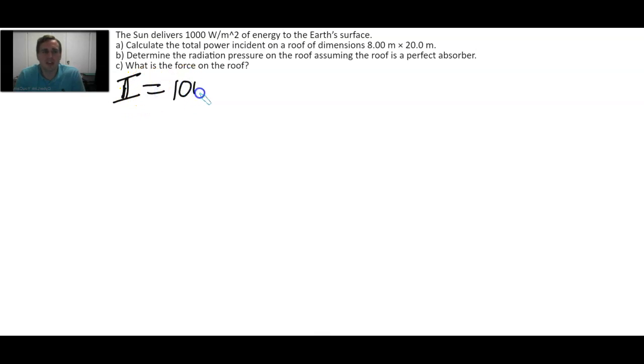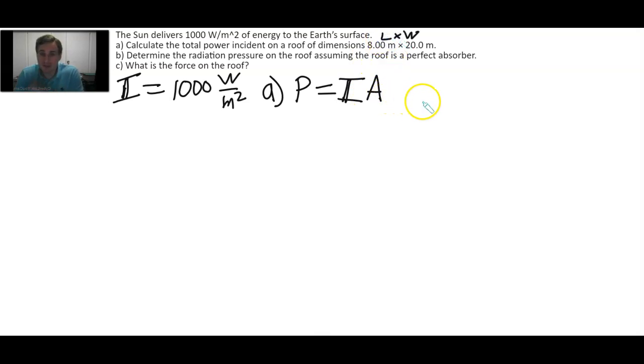So this is 1,000 watts per meter squared. It's power per area. So notice that if we want power, which is what we want in part A, we want to take the intensity multiplied by the area. And the area is going to be length times width. Okay. So I think we can put the numbers in directly.